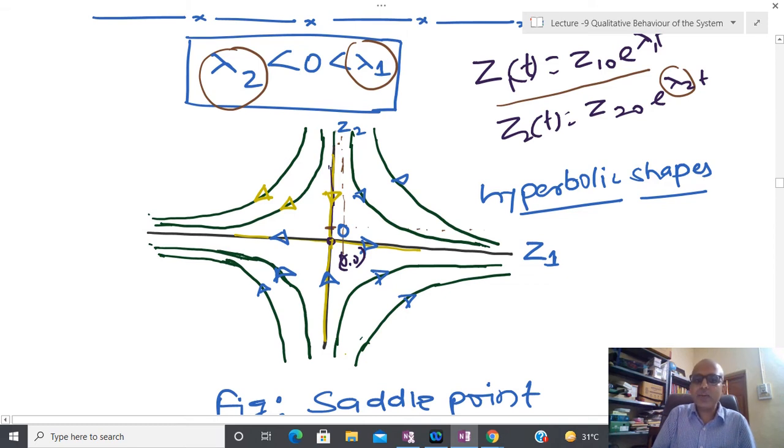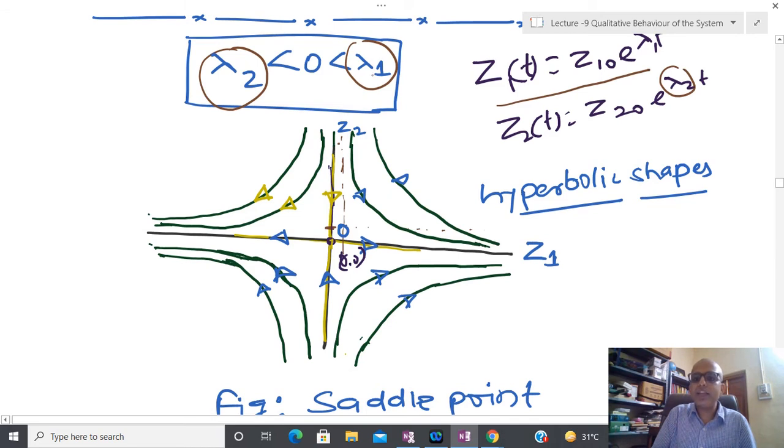On this particular axis, Z2 equals 0, so Z2 remains the same, but Z1 behaves according to lambda 1, which is positive.